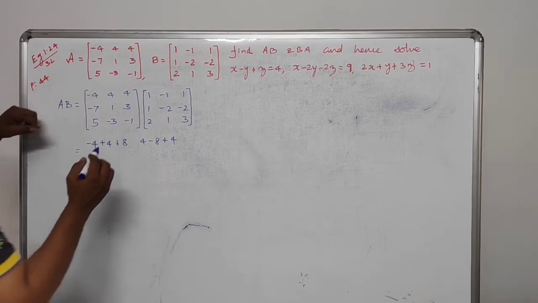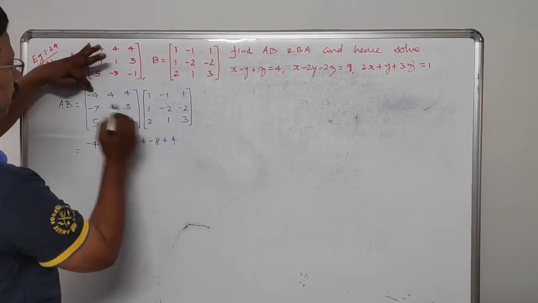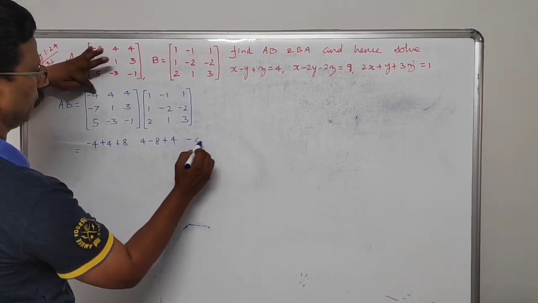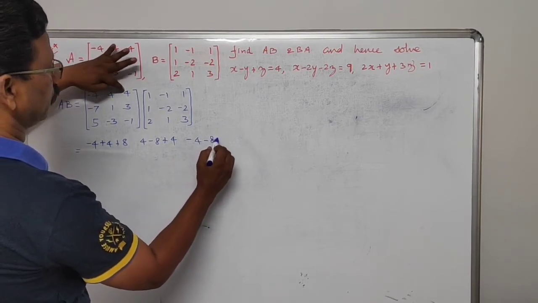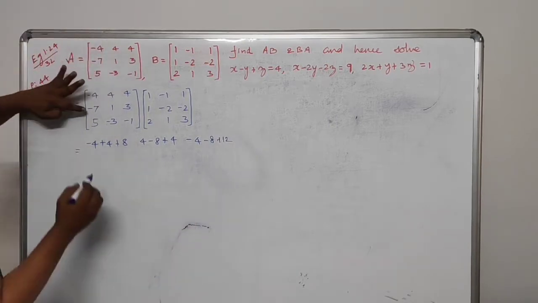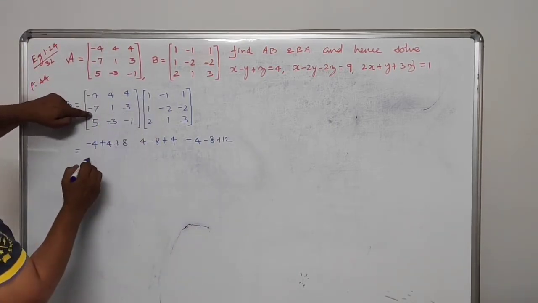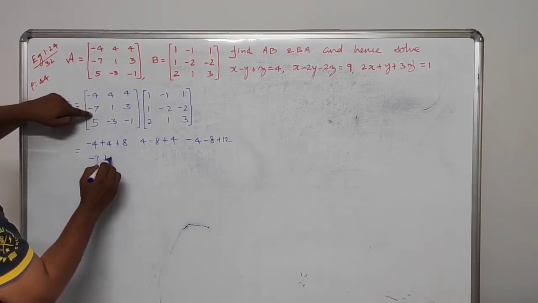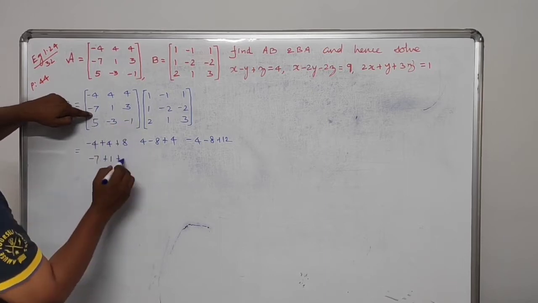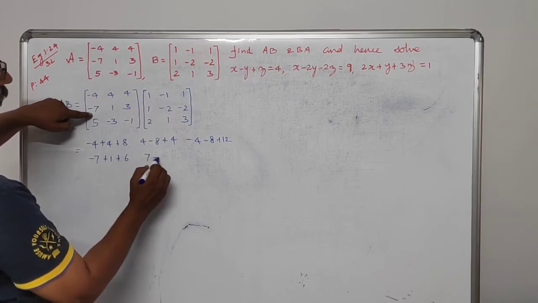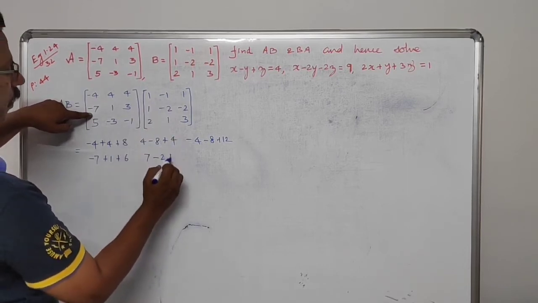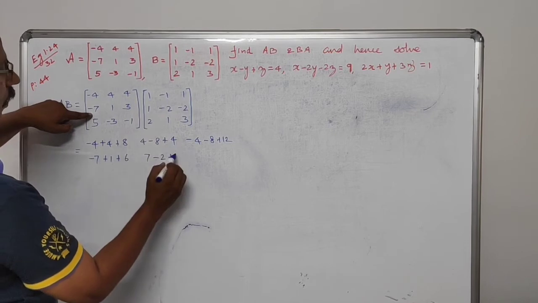Now next we go here: minus 4, then minus 8, then plus 12. Then second row first column: minus 7, plus 1, plus 6. Then second row second column: plus 7, minus 2, then plus 3.